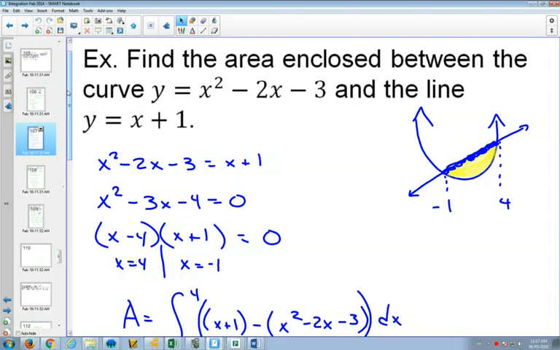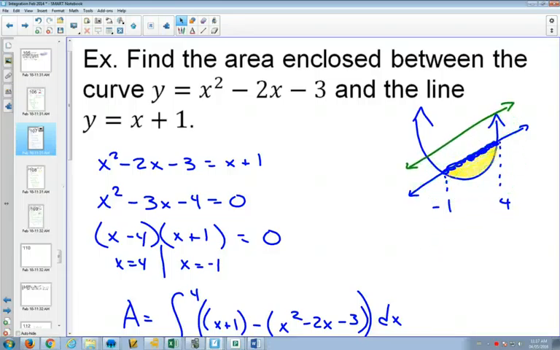Well, I drew the pictures here, and I knew that the parabola was going up. So this line, if we draw, and I know that this line has a positive slope, so it goes like this. If those two things intersect and you're finding the area between them, can you see that the line has to be on top? Because if they don't intersect, well, then there's nothing between them.